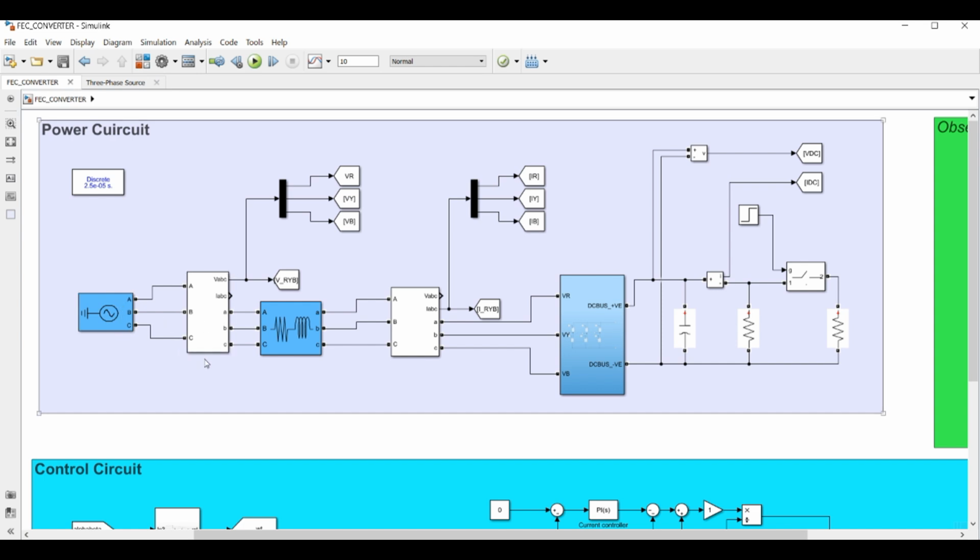This is the measurement block, which will measure the grid voltage. This is the grid RL. This is the current measurement block. This is the VSI inverter. This is the capacitor. This is the resistance, and this is also a resistance. This is the load. We will now explore each of these parts one by one, starting from the inverter.